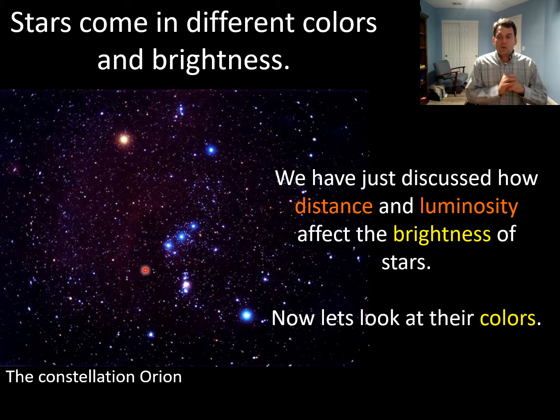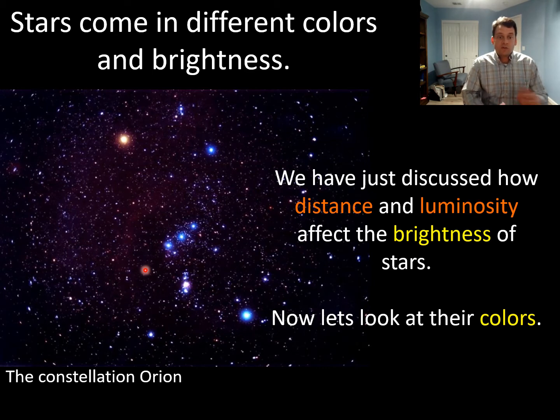For right now, though, I want to come back to something that we've talked about a couple of times already, which is this combination of distance and luminosity that affects the brightness of the stars. As we've noted a number of times, astronomy is largely an observational science, right? Because we're stuck here on Earth with the light that happens to reach us.